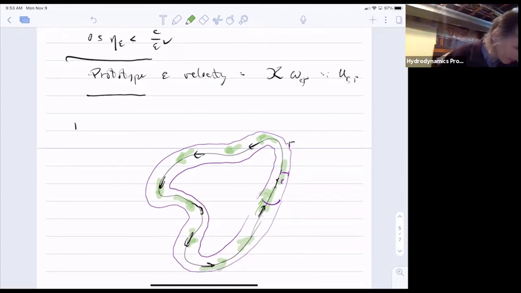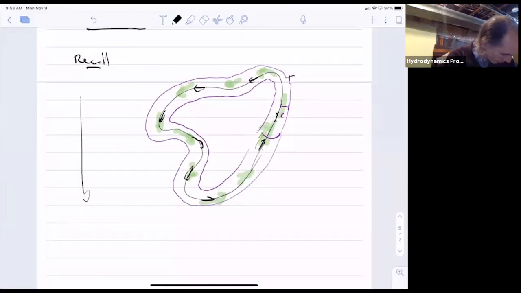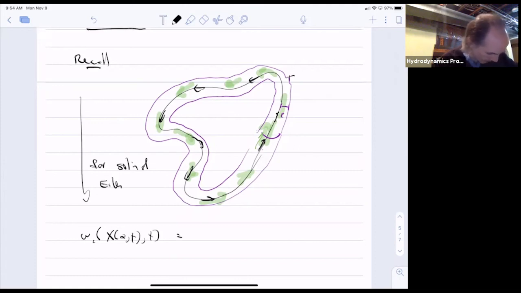Okay, and so I want to recall that if I now solve the Euler equations, omega at time t is given through the flow map.